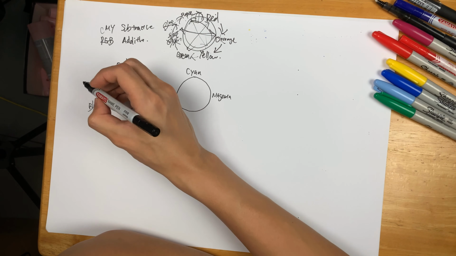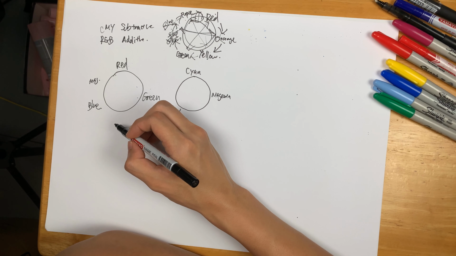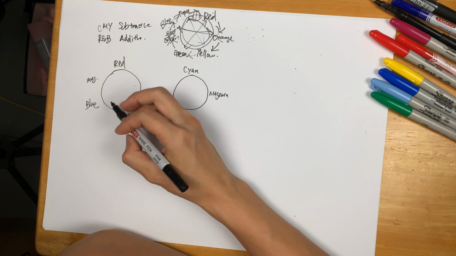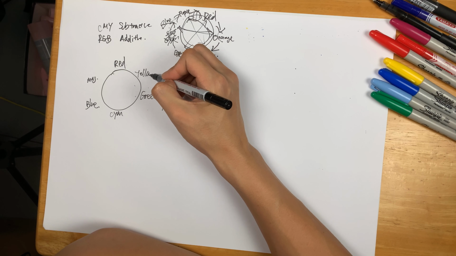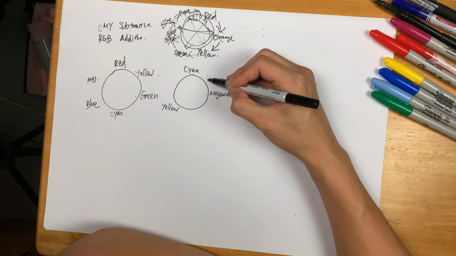So let's fill in the gaps here. Magenta is red and blue. Blue and green, yellow, right? No, blue and green is cyan. Let's not get this wrong. This one is yellow, red and green, yellow. Cyan and magenta, you get a bluish color.